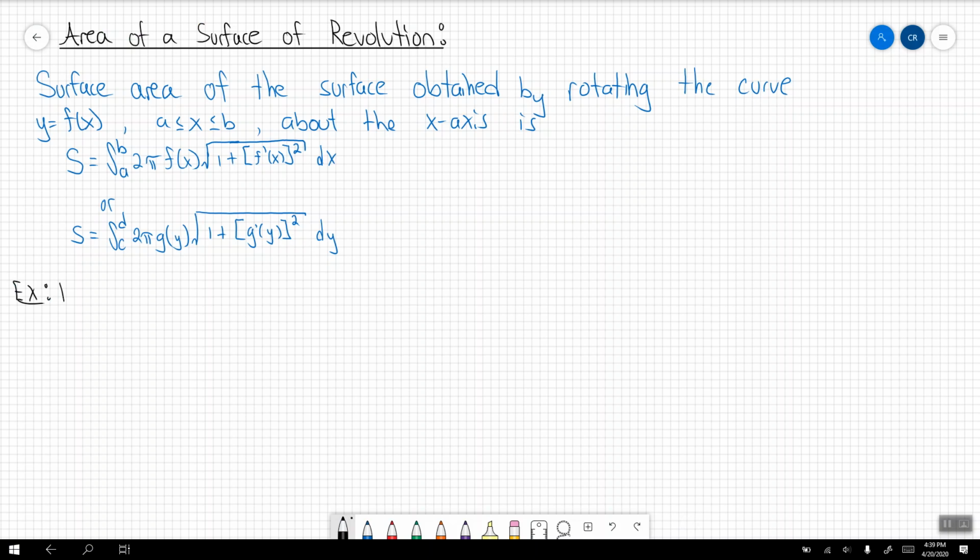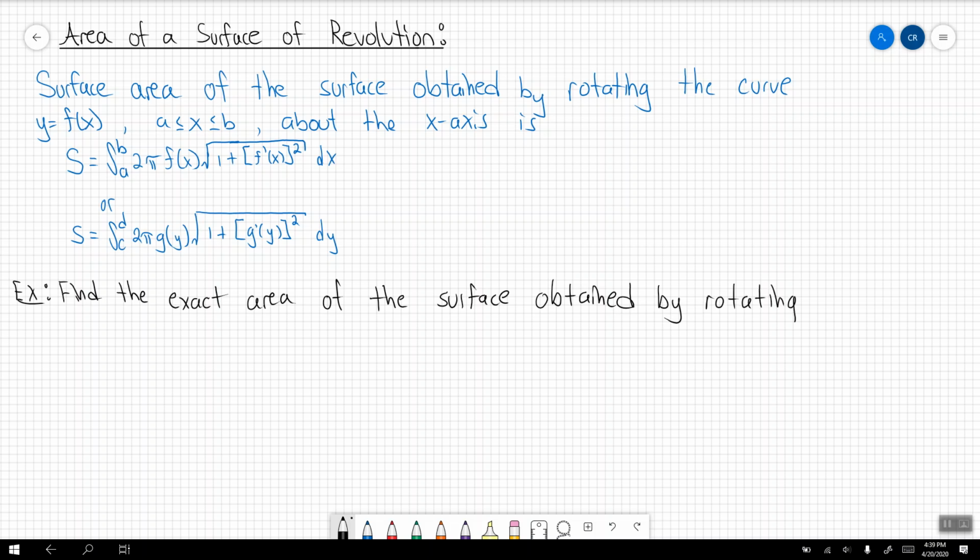We're going to say: find the exact area of the surface obtained by rotating the curve about the x-axis.